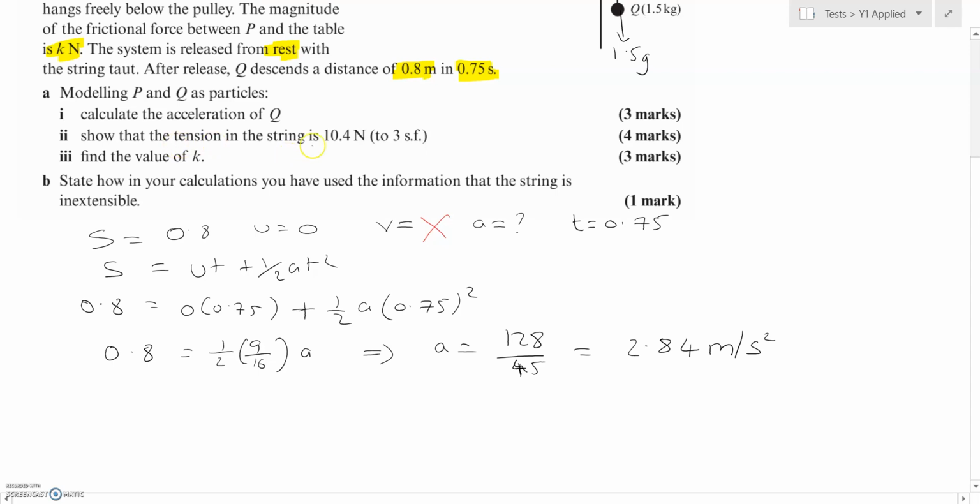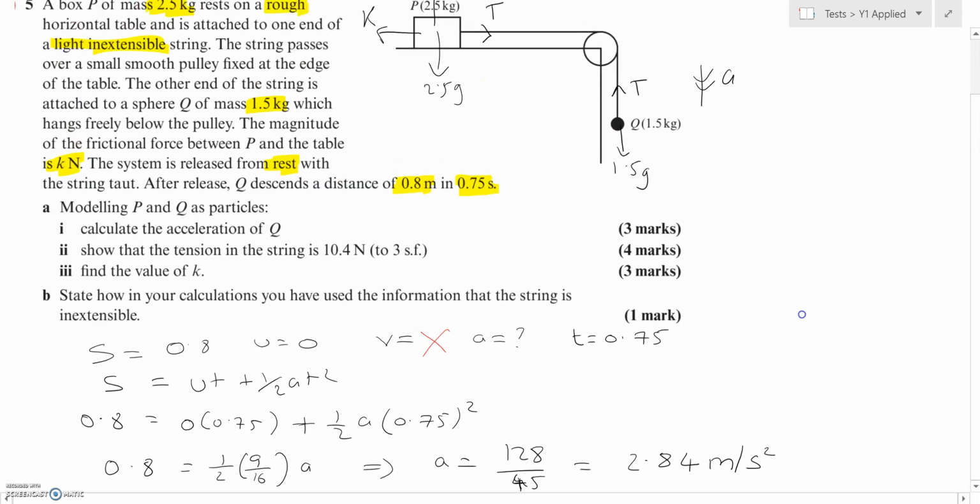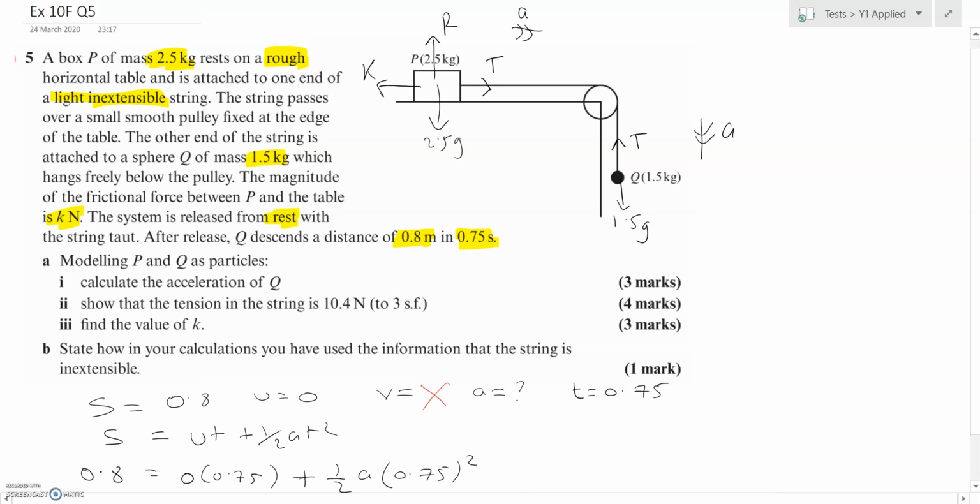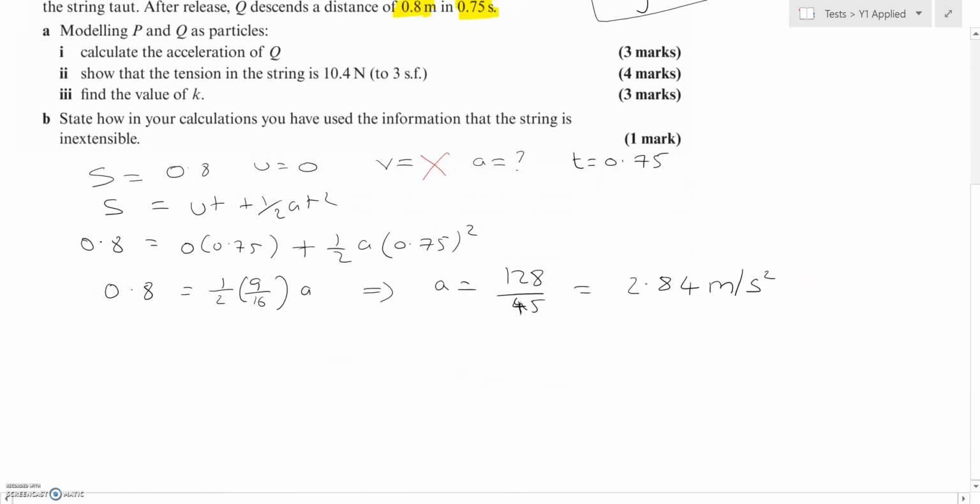Next bit says, show that the tension in the string is 10.4. To find the tension, I'm going to look at particle Q. I'll just redraw it quickly. Particle Q had a weight of 1.5 g, had a tension going up, and it had an acceleration downwards of, as I said, the fraction answer, so I don't lose any accuracy.